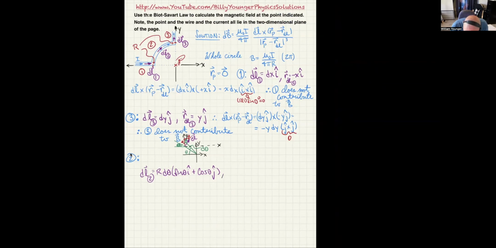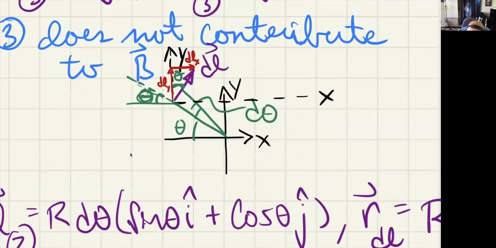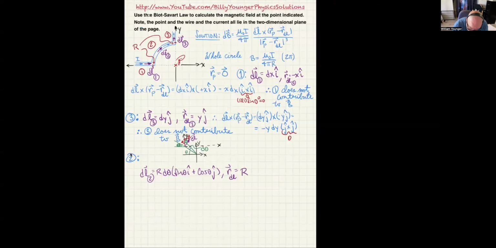So now I can say r_dL has magnitude r, because remember this green line that I have here is drawn from the origin to a point on the wire, so that this distance right here is r. So r_dL should be r cosine theta i hat plus r sine theta.